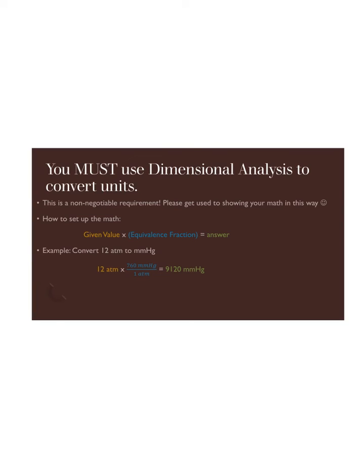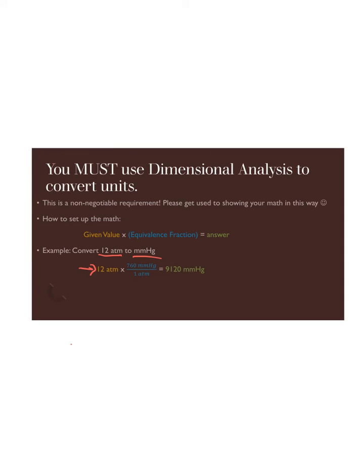So how to do that is you always start with whatever you're given. In this problem, we're converting 12 atmospheres to millimeters of mercury. So you always start with what you're given up top. And then you write the equivalence fraction, the two things that are equal to each other, next to it. Back in the last slide, you saw that 760 millimeters of mercury is equal to 1 atmosphere.